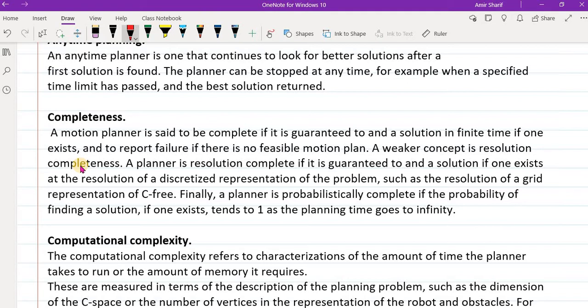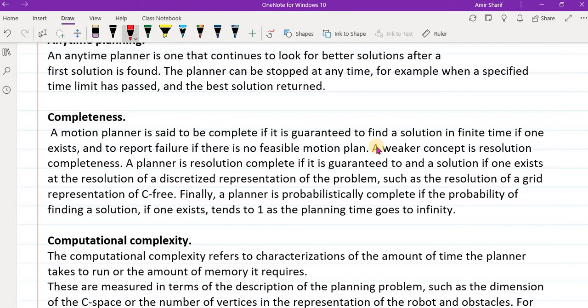A motion planner is said to be complete if it is guaranteed to find a solution in finite time if one exists, and to report failure if there is no feasible motion plan.